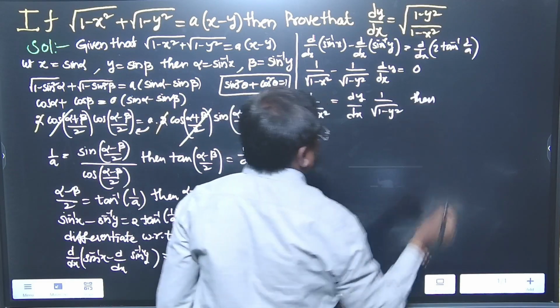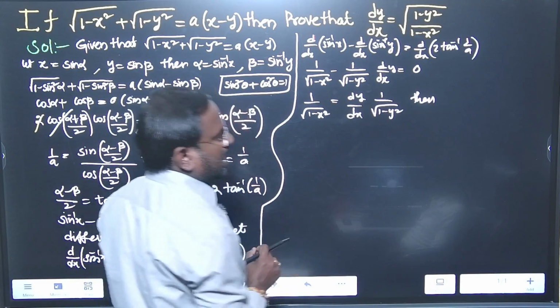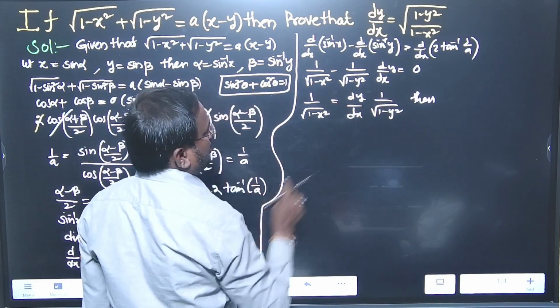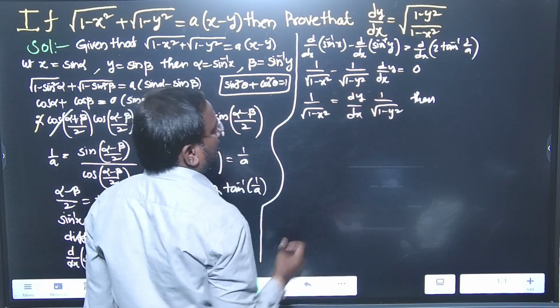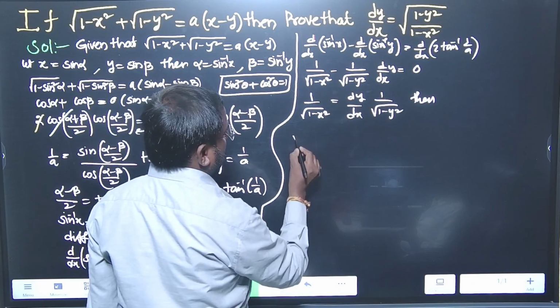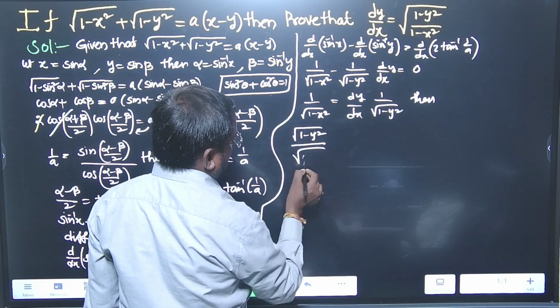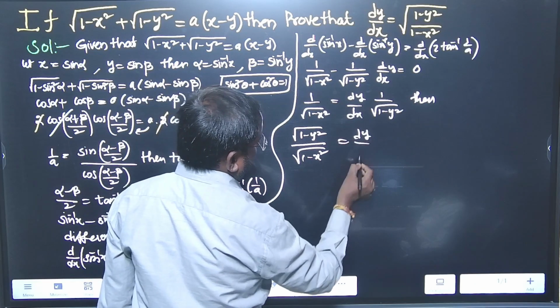Then we get in the next step, students, the required term, the derivative dy by dx. The 1 by root over 1 minus y square takes to the left-hand side. Here it is in the denominator place; taking it to the other side, we get it in the numerator place, that is root over 1 minus y square by root over 1 minus x square is equal to, students, dy by dx.